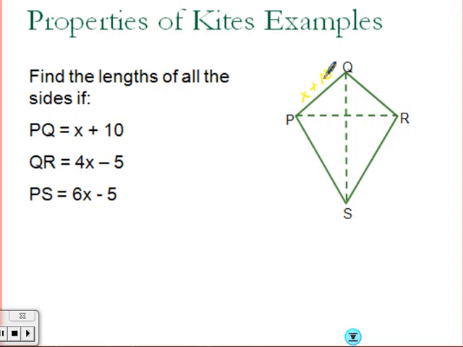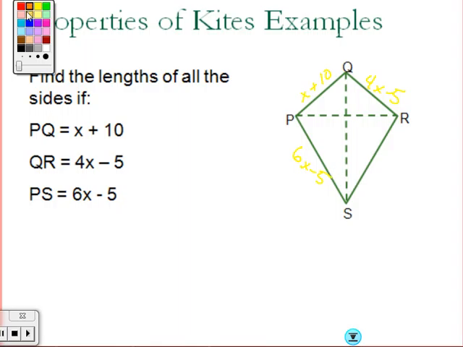So we have x plus 10 for PQ. We have QR is equal to 4x minus 5. And we have PS is 6x minus 5. And the directions say to find the lengths of all the sides. So we're going to solve for x and then find the lengths of the sides. We're going to solve for x by setting the two congruent sides equal to each other. So we get x plus 10 equals 4x minus 5.